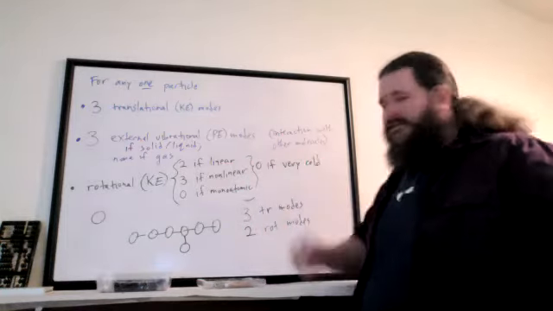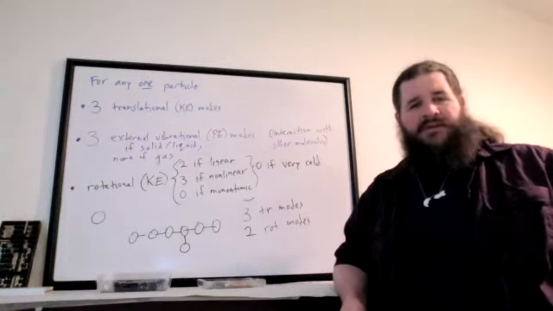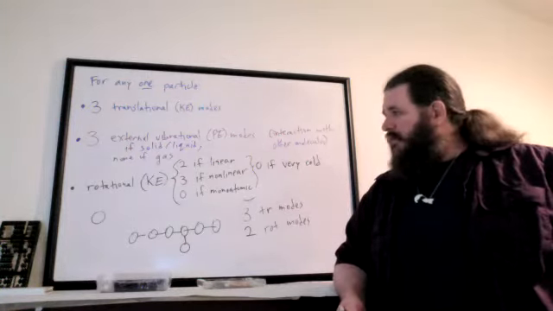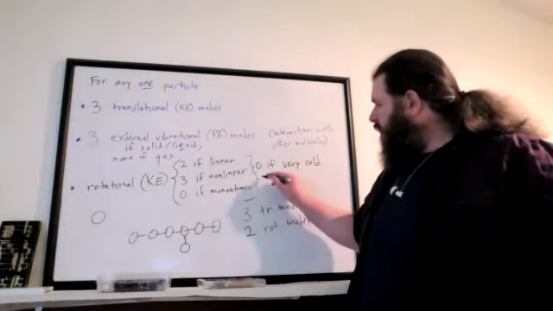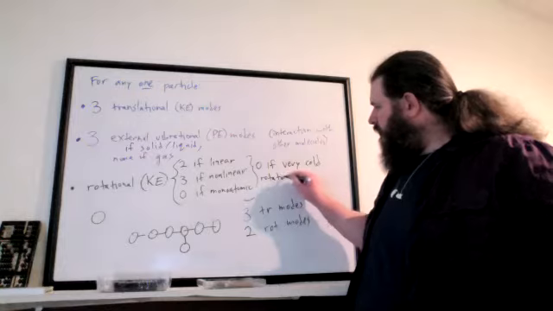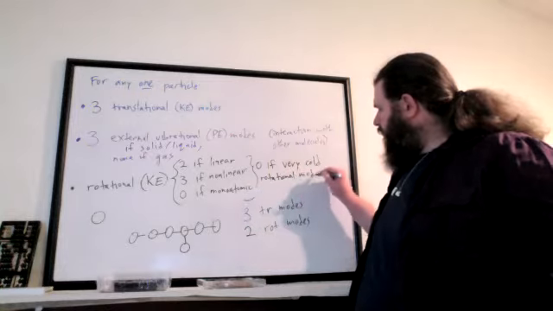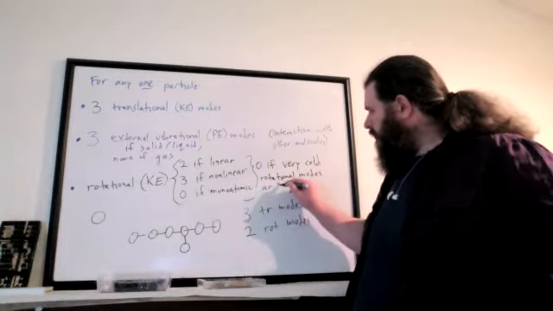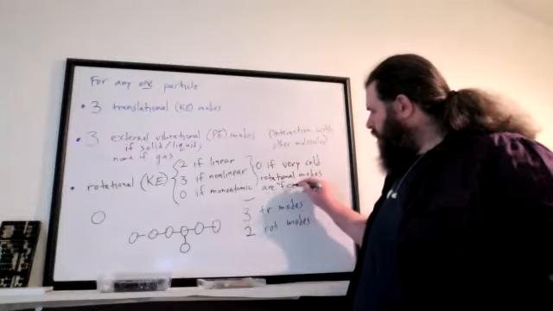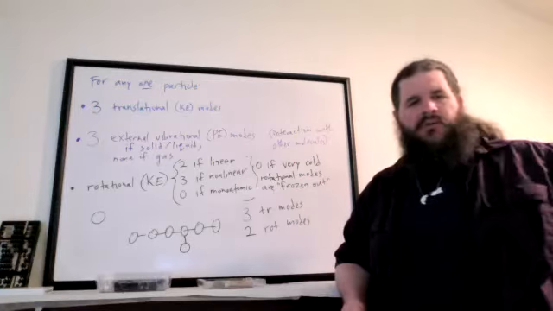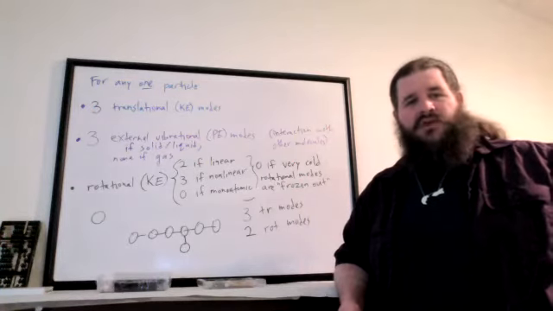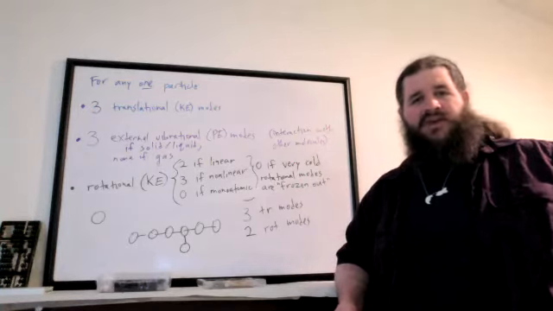So if we're talking about very cold temperatures, like significantly below room temperature, then the molecule just doesn't have any rotational modes at all. And we would say the rotational modes are frozen out. Modes that are frozen out means that the temperature is so low, there's not enough energy for those modes to exist.